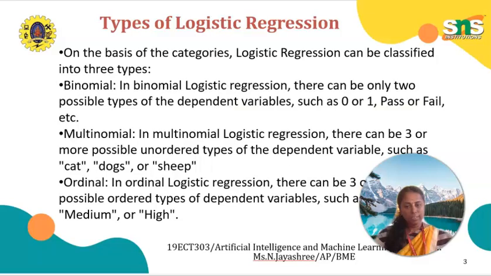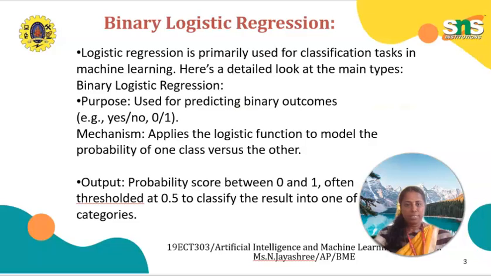In ordinal regression, there can be three or more possible ordered types of dependent variables, such as low, medium, or high. Let us see each type in detail.